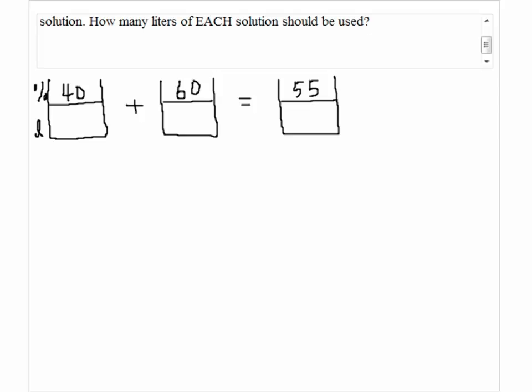Now let's look at the amount. Since we do not know how much we need for the 40% acid solution, we let the amount be x. So x would be the amount of 40% acid solution.